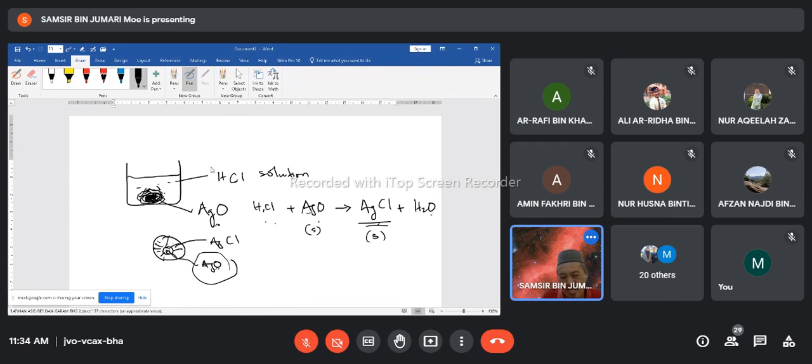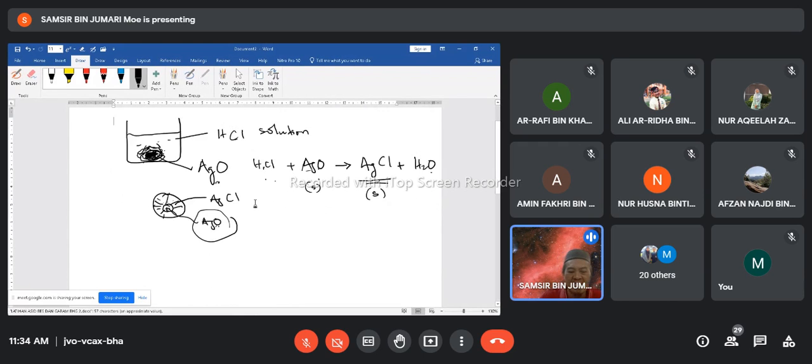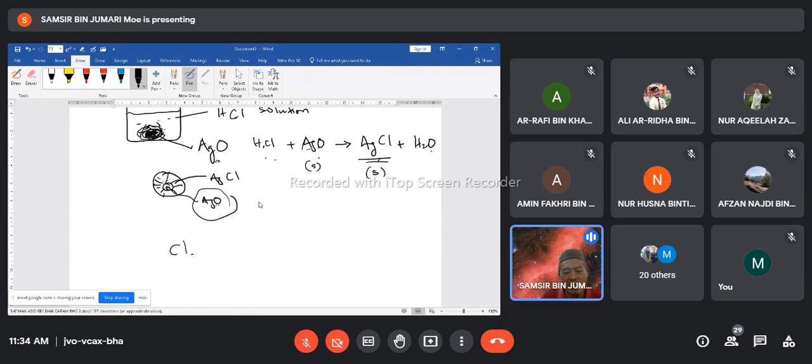Begitu juga dengan yang panas tadi tu. Chlorine gas and silver can react to form silver chloride. But if this is silver, chlorine can react only on the outside.